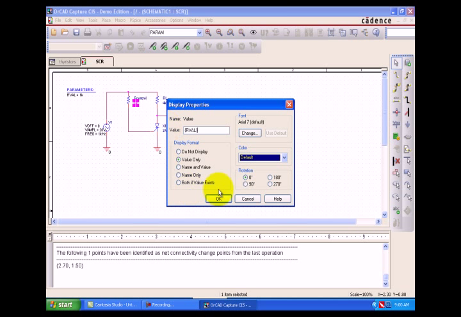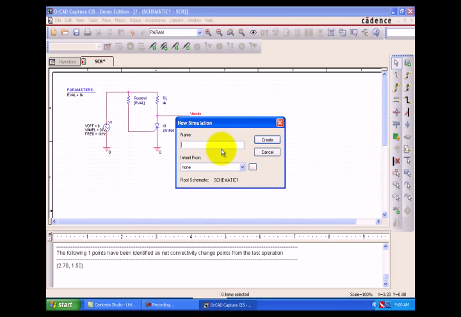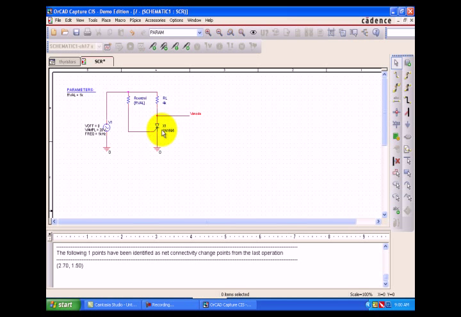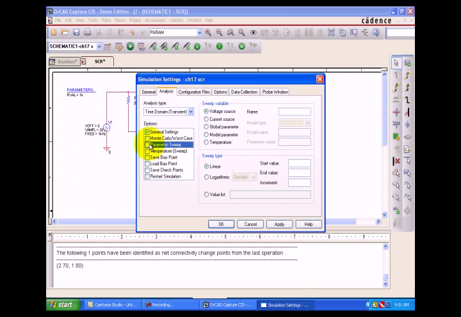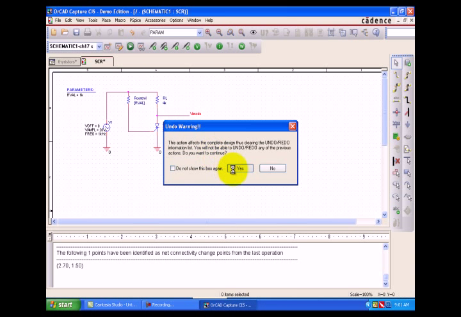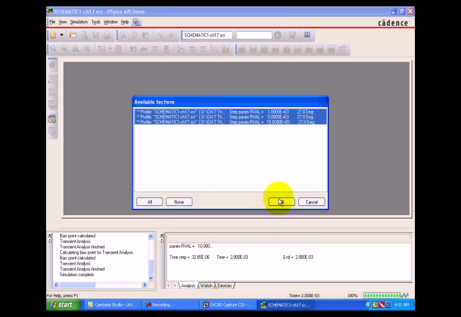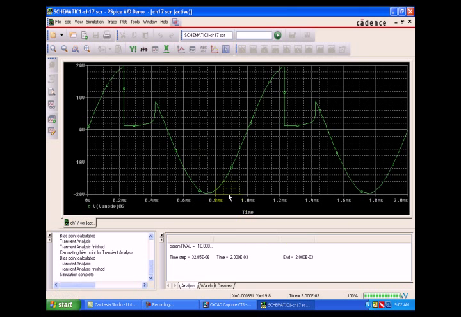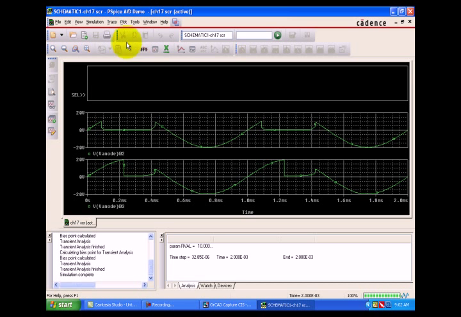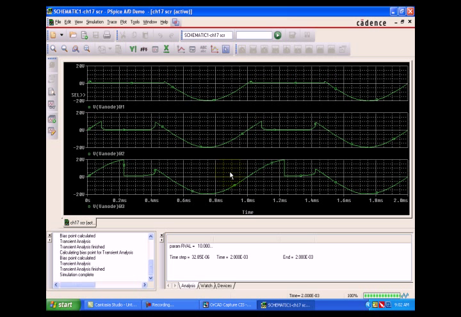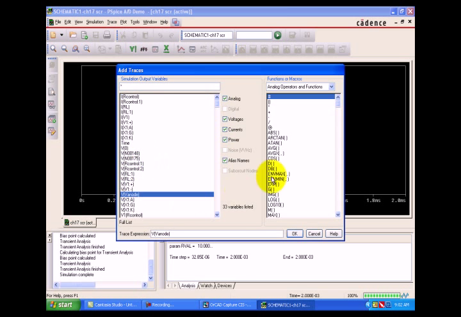RVL: 1K, 5K, 10K. V anode at 3, V anode at 2, and V anode at 1. So it's 1K, 5K, 10K at 3.